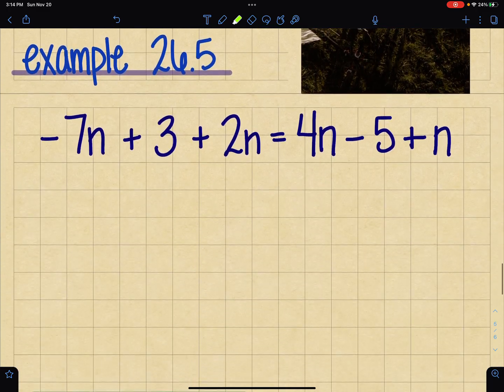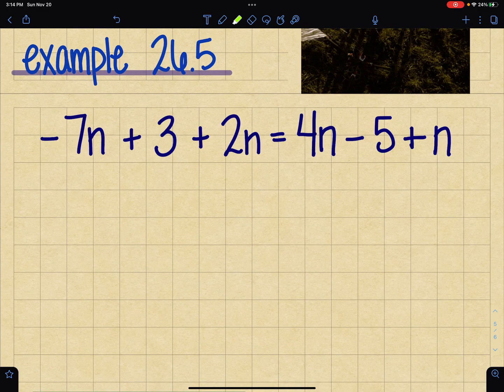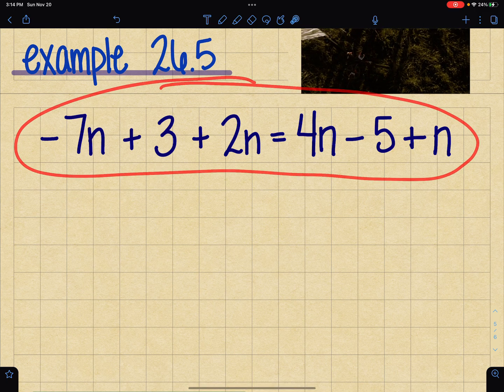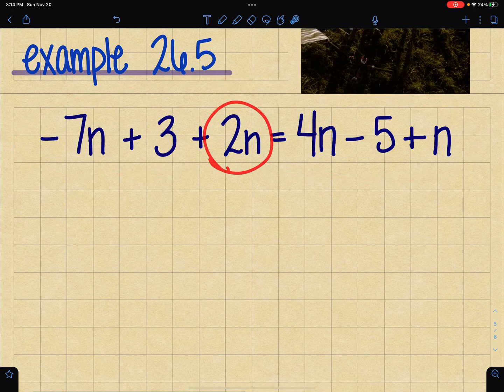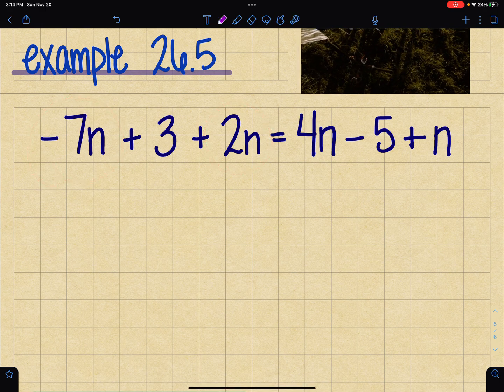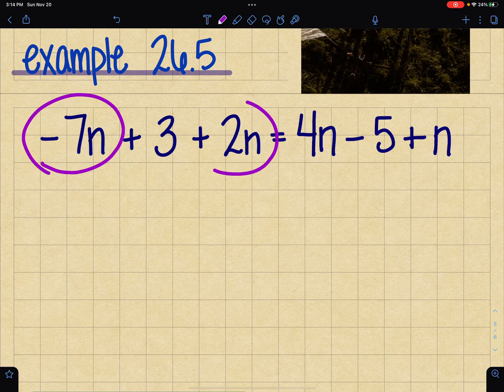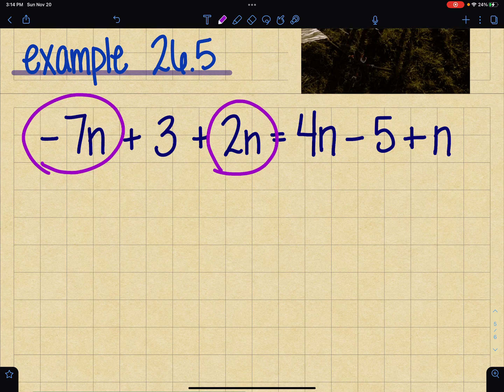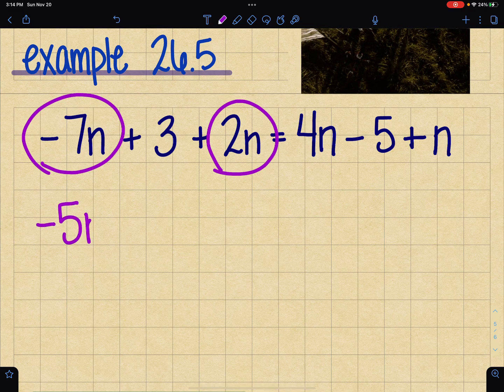So let's do the next problem, 26.5. And we are starting with something pretty complicated looking, but you know what? It's not going to be that bad because we can combine like terms, and I see 2 right there. All right, let's start doing it. Negative 7n plus 2n. Negative 7 plus 2 is going to be negative 5n.